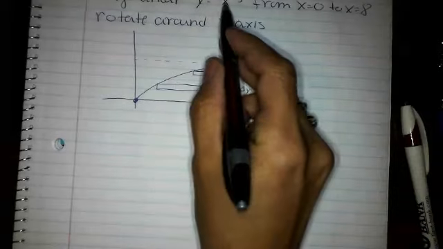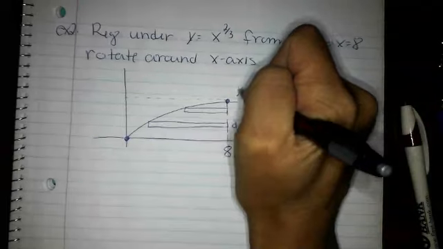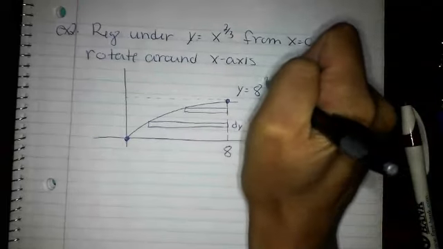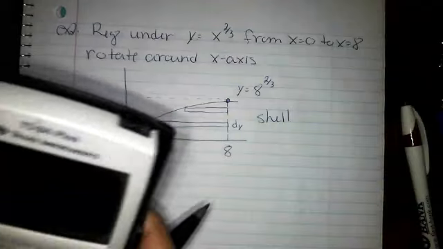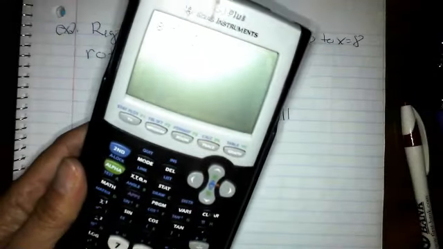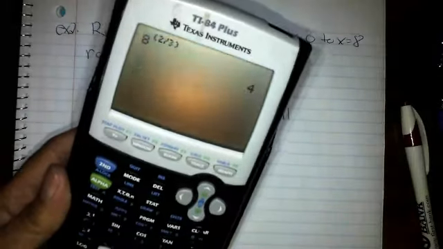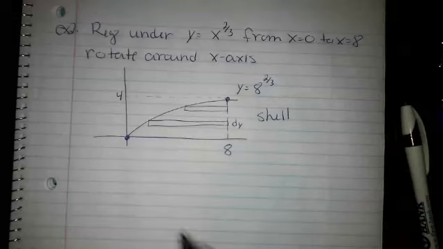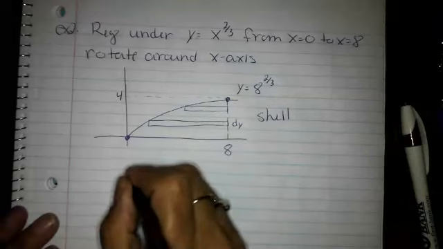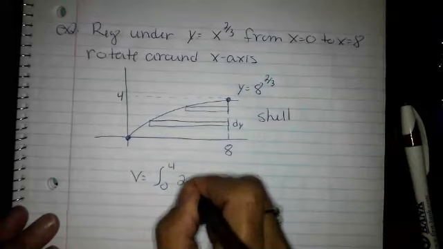So I can put 8 in there and get y is whatever 8 to the 2/3 is. 8 raised to the 2/3 is 4. So the volume equals the integral from 0 to 4 of 2 pi r h w.